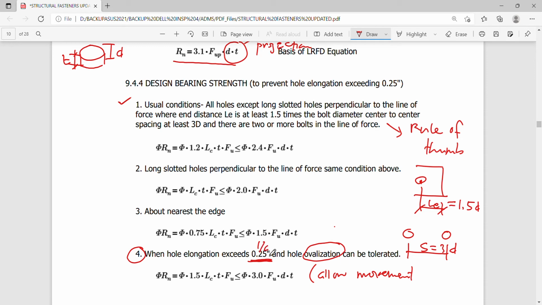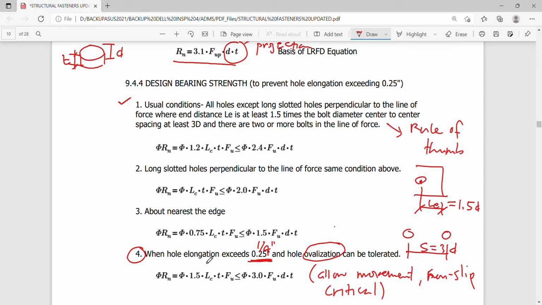This is actually 1/4 of an inch, which is big. And allowing movement simply states that your connection is non-slip critical, because if your connection is slip critical, then you cannot allow movement because of the existence of friction.